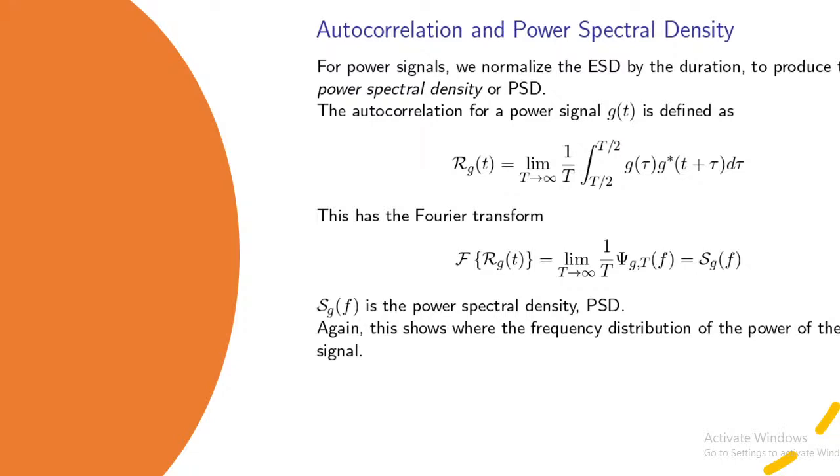That is the autocorrelation. If you take its Fourier transform, this will be the limit as T, the period, goes to infinity of 1 upon T psi(f). That is called S_g(f), and it is called the power spectral density. It shows you the frequency distribution of the power of the signal, how the power of the signal is distributed in frequency.